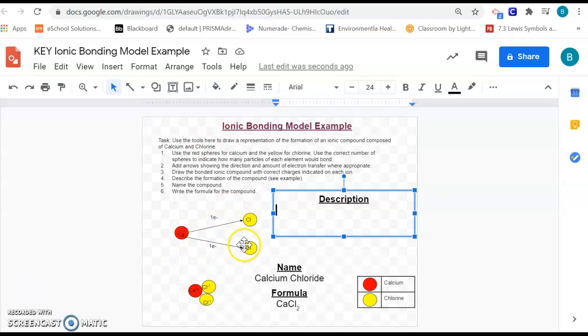So I'm going to describe what I see over here. So I see 1 calcium atom is losing 2 electrons to become a calcium +2 ion.